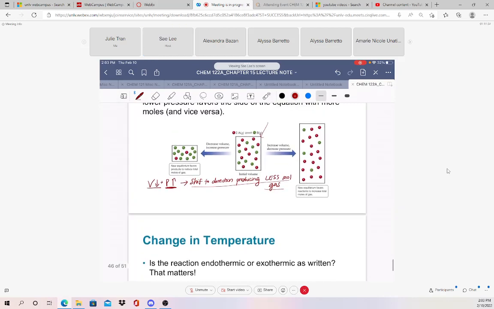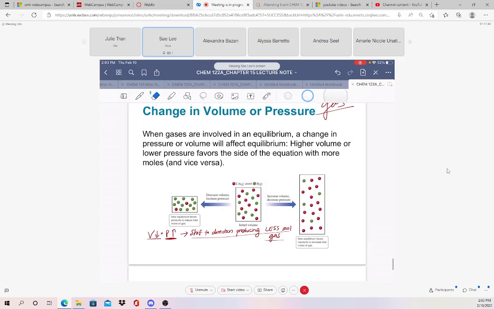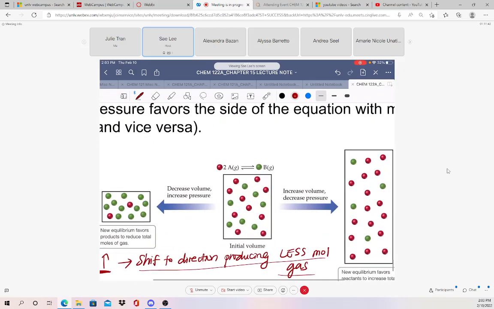Let's say we're performing a reaction where 2 mole of A produce 1 mole of B. If you're dealing with a situation where the volume of the container is reduced and the pressure is increased, which direction do you want the reaction to go?